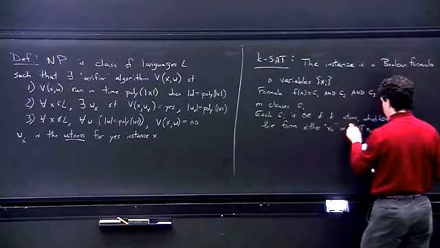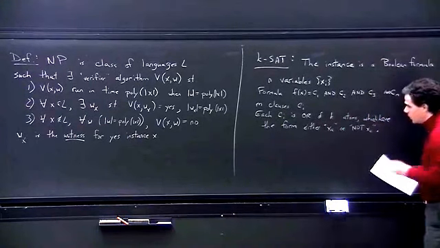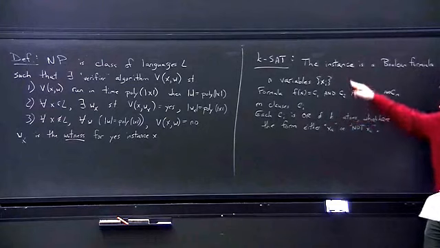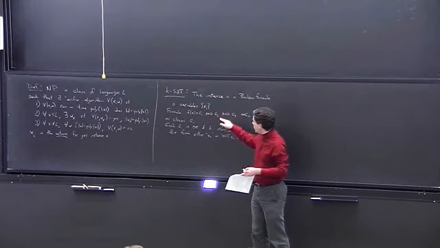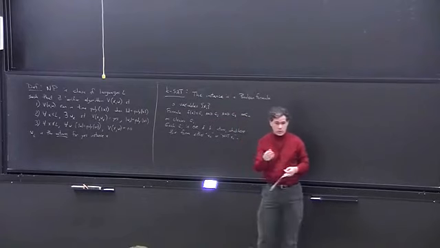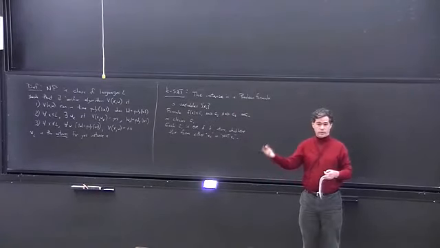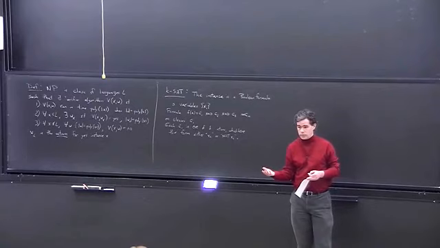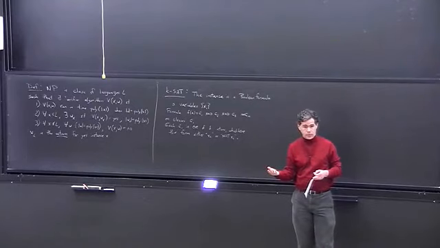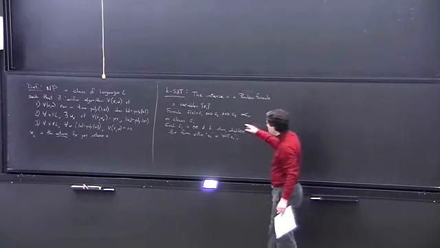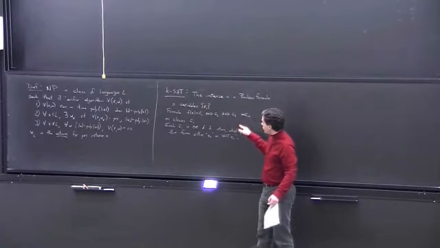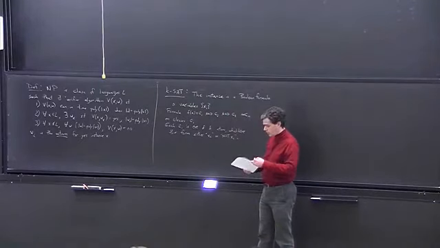Here, maybe I should put the or in quotes to distinguish between this or and that not. Each of these clauses has K pieces. That's why it's KSAT. For instance, for 3SAT, a clause could be x1 or x2 or not x3. That one's satisfied if x1 is true, or x2 is true, or x3 is false. Does that make sense? Then, because we have the and of all of these clauses, we want all of the clauses to be satisfied. And so this KSAT formula evaluates to true.